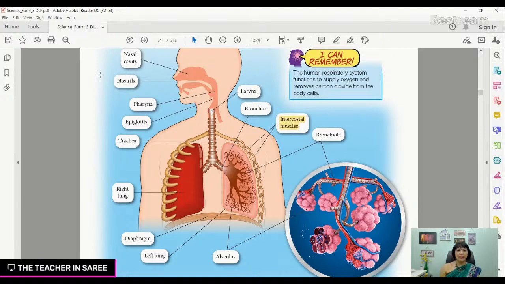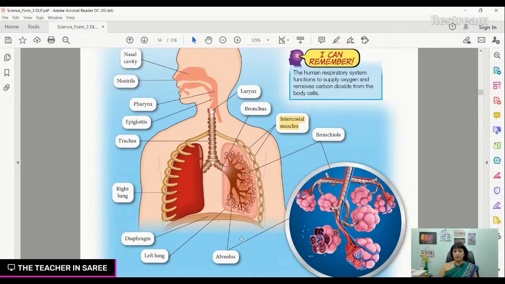So we have covered the larynx, pharynx, epiglottis, trachea, bronchus branching into two, and intercostal muscles. Then after that, the bronchus branches into smaller, more detailed branches, which we call the bronchioles. The last part of it is the alveolus. So the alveolus is the respiratory surface.